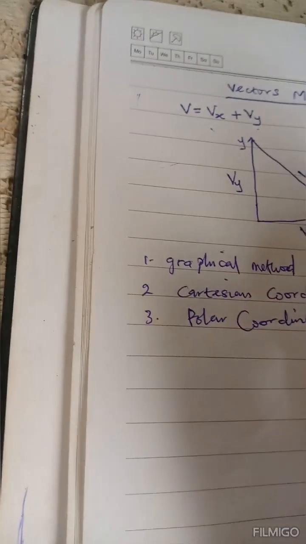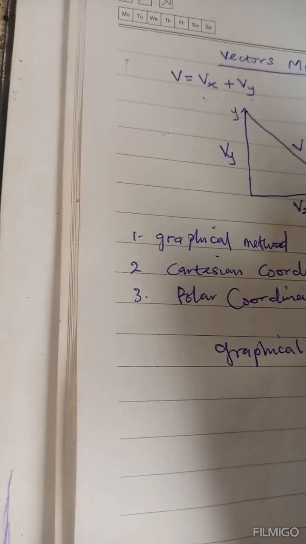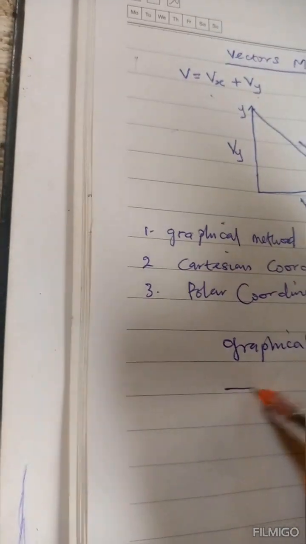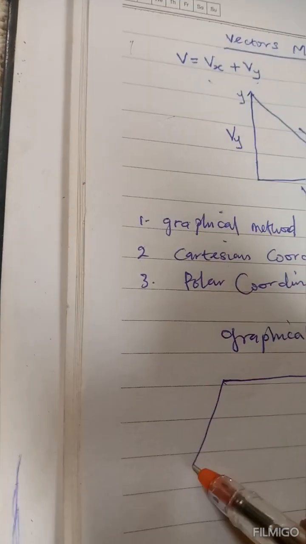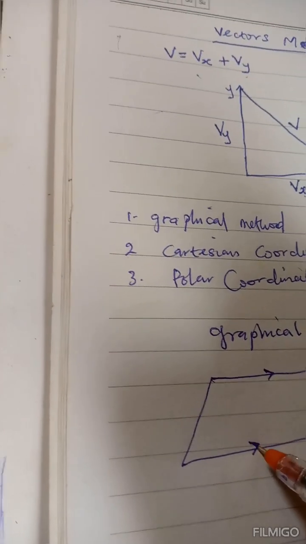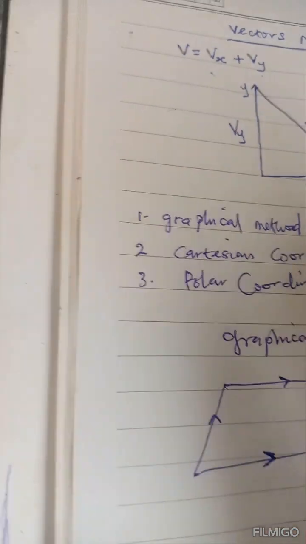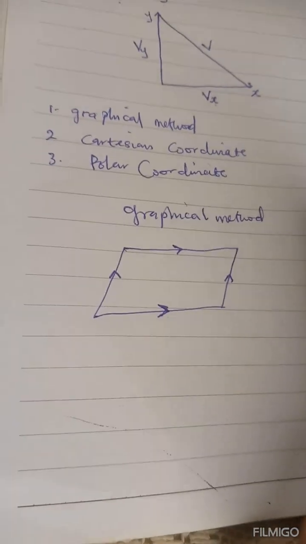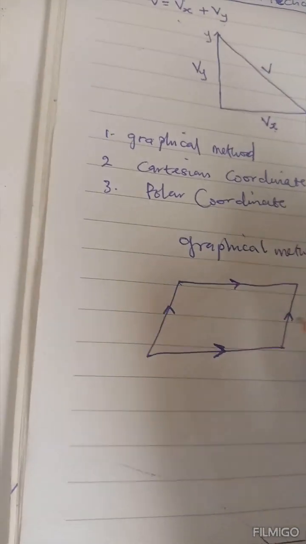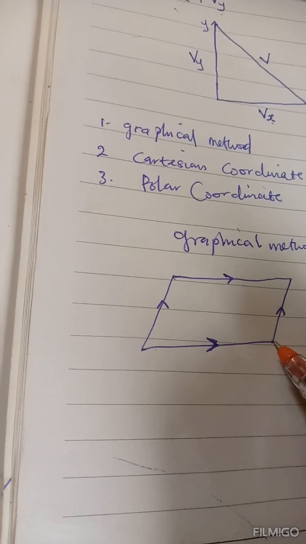This is what I'm talking about. Let's look at the graphical method. If we have a parallelogram, we know that these sides are equal, and these sides are also equal, moving upward. Let me say this is the horizontal direction.